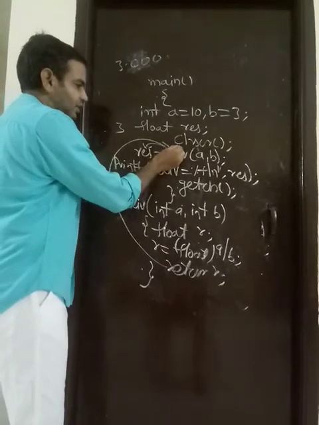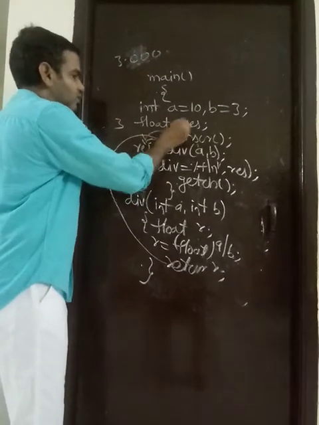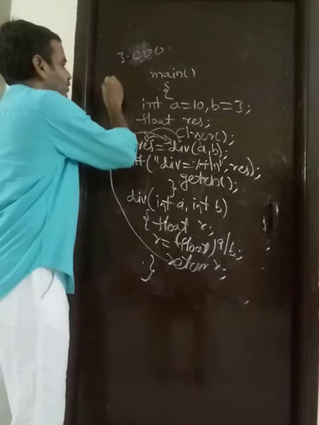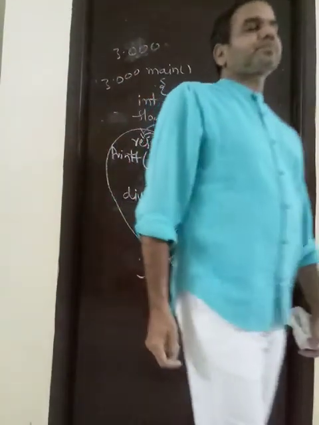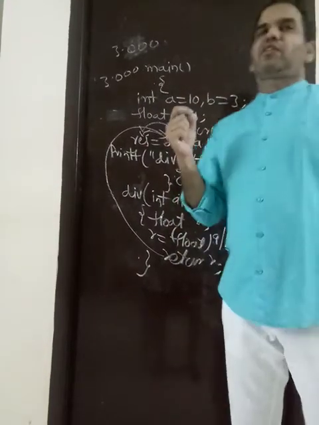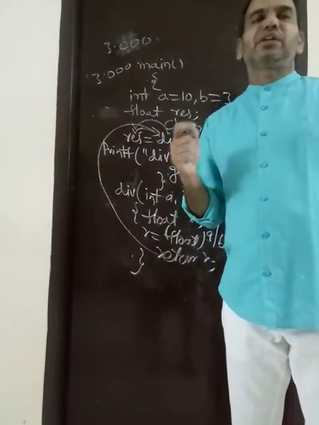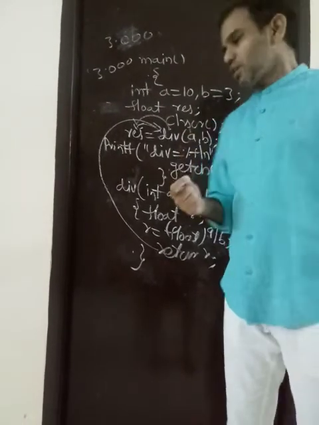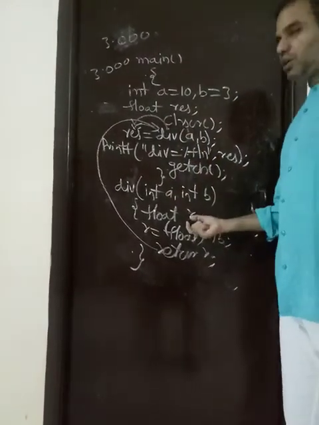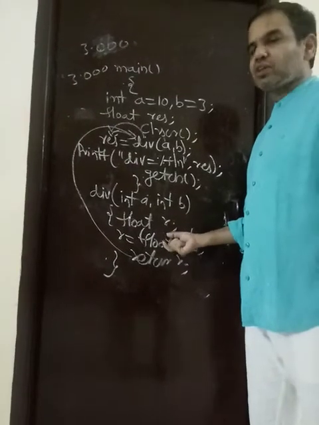When we assign the 3 value to result, which is a float, it implicitly converts to 3.00. That is the reason. Because in this problem we should get the result as 3.33, but we are getting 3.00. Why? Because by default a function returns only integer, not float value.